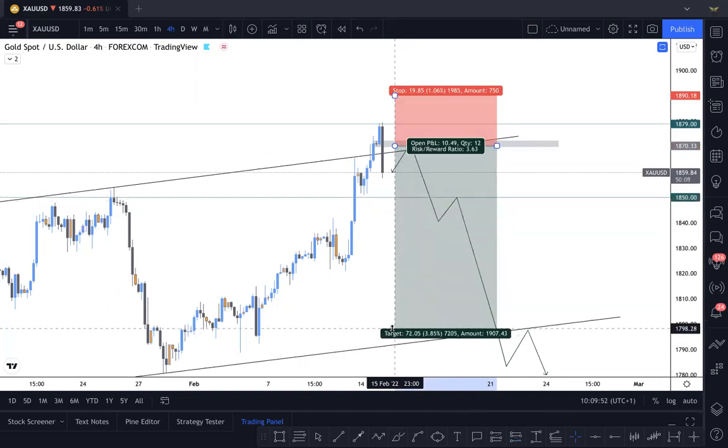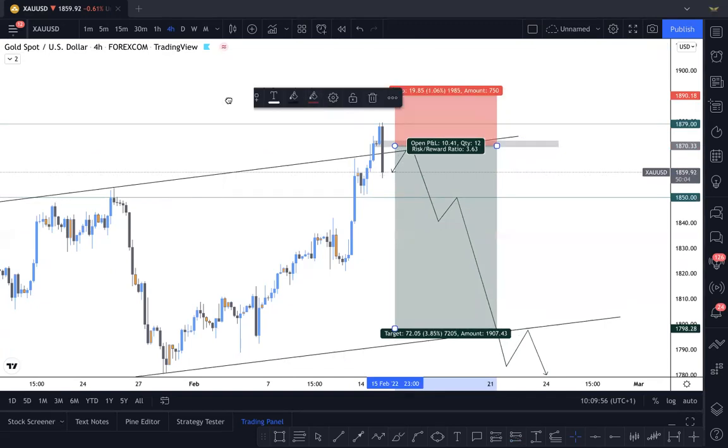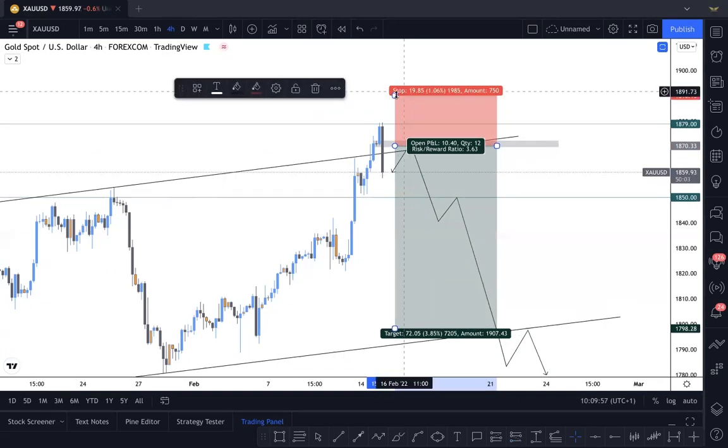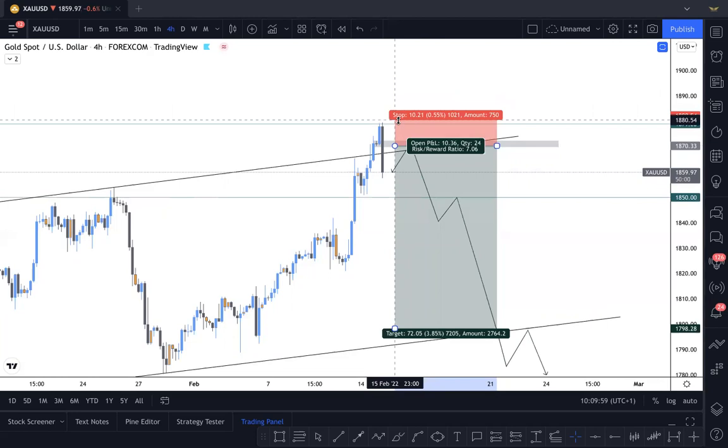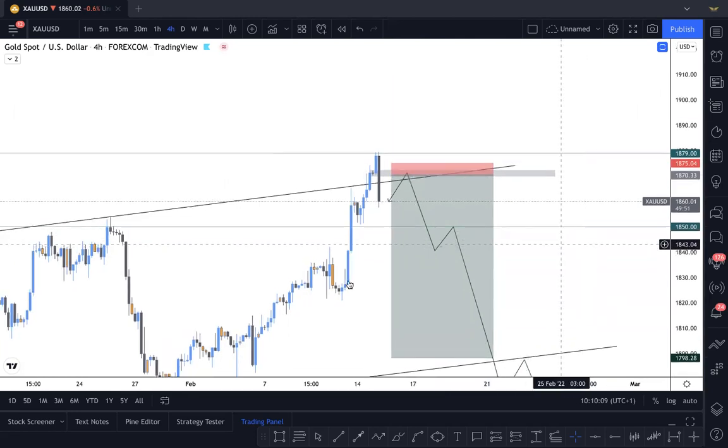Those are the targets for now. 720 pips. You shouldn't miss out on this opportunity, right? For stop loss, you can reduce your stop loss to this level, which is around 45 pips.